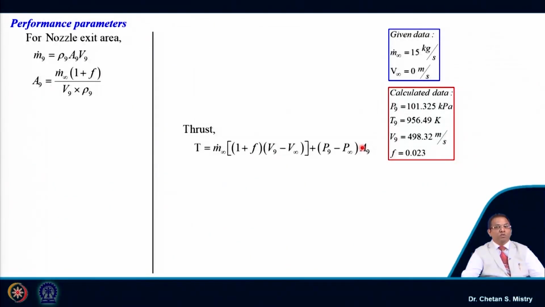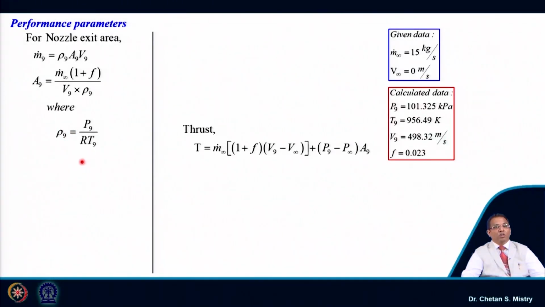This number is not known to us, but what we know is my mass flow rate. This mass flow rate, as per our continuity, is given by density into area into velocity. So, my exit mass flow rate will be A9 into rho 9 into V9. So, based on that, we will try to calculate our area.